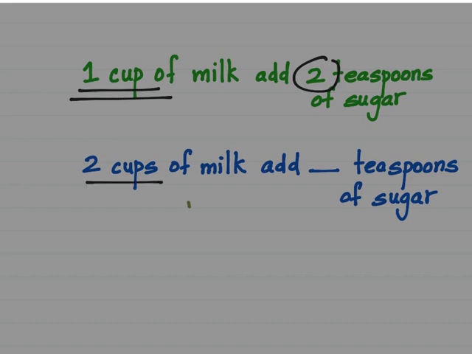Now we are adding another cup, right? So just double the value. You will need 2 more spoons of sugar. So totally there will be 4 teaspoons of sugar in 2 cups. So this is an example of equivalent ratios.